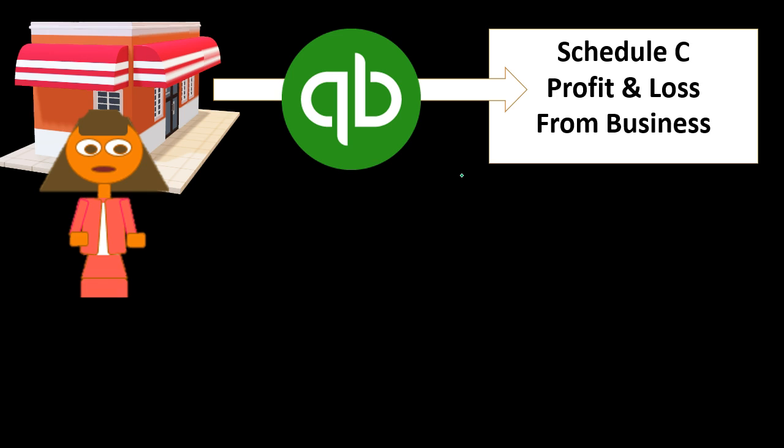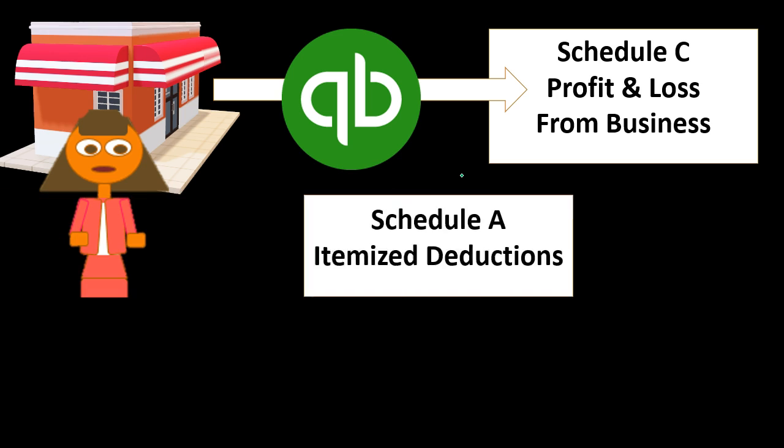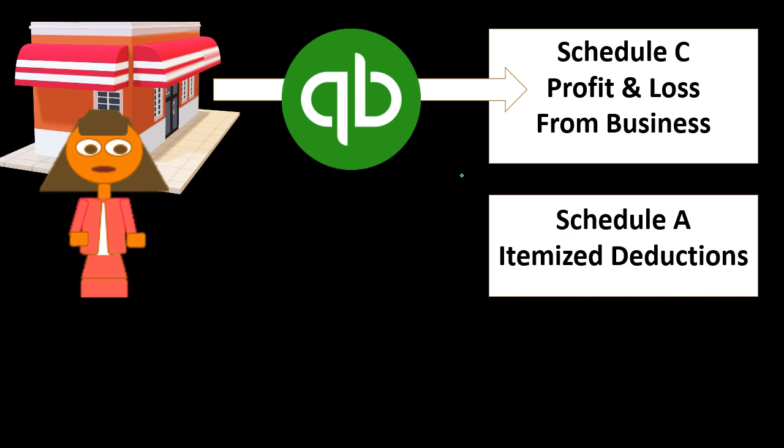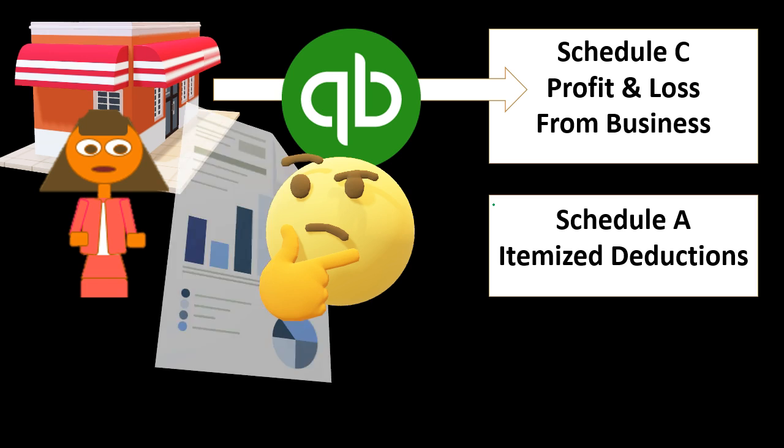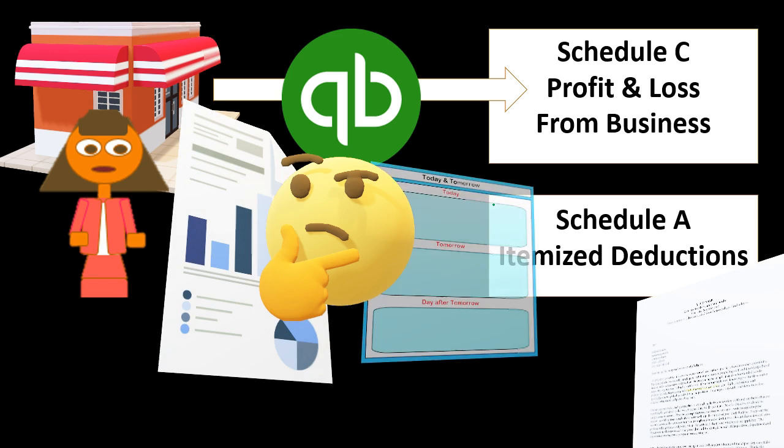But then we often are asked as business owners, when our individual tax returns are being completed at that same point in time, what other deductions we have, typically Schedule A type deductions. And we start to think, well, what are Schedule A type deductions? And we start piecing these things together. These are non-business related items. So we have to go digging around and we start finding documentation for these items.